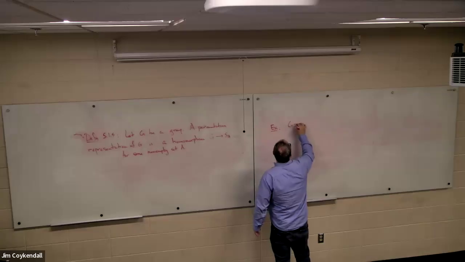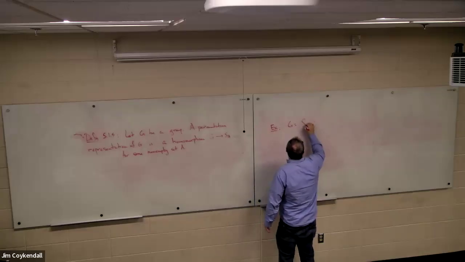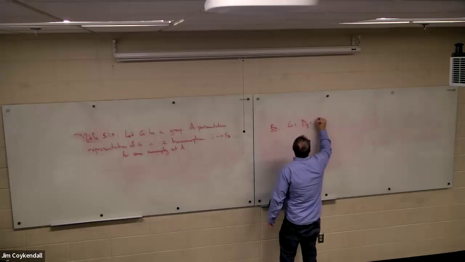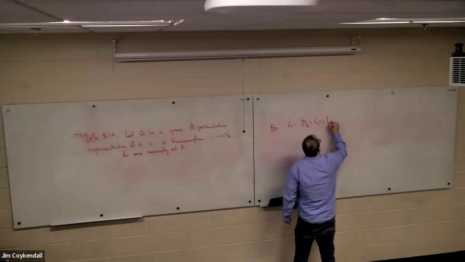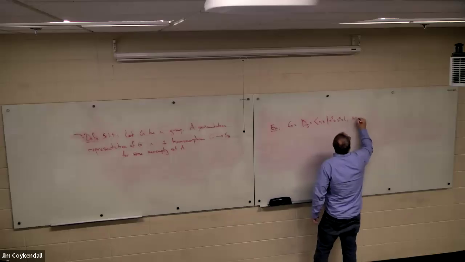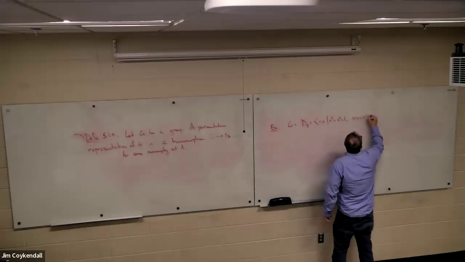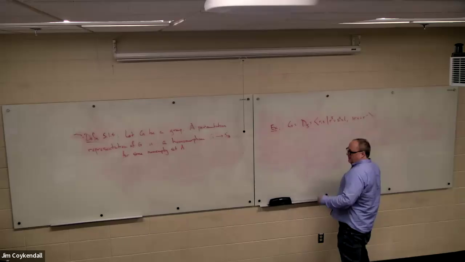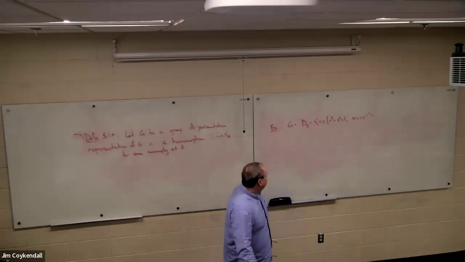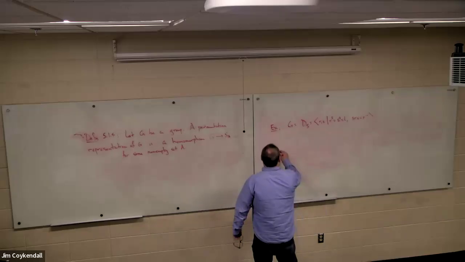Let G equal D5. Here is a permutation representation of this.